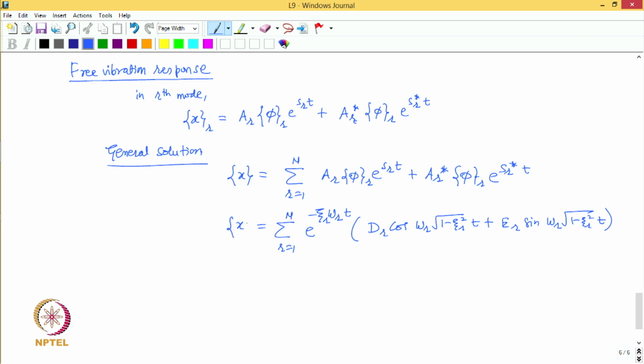So, this is nothing but the general solution for the free vibration, and d_r and e_r are arbitrary constants and can be found out from the initial conditions.